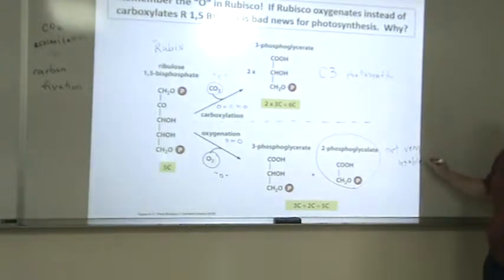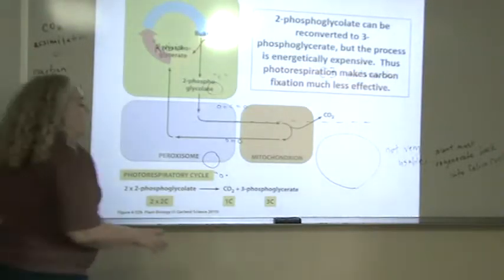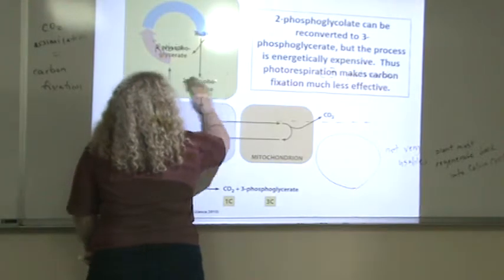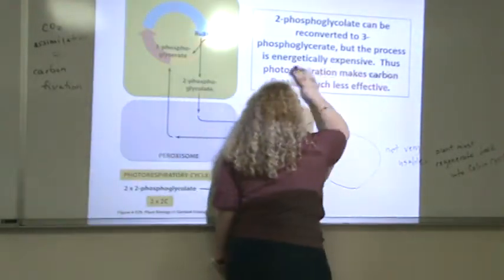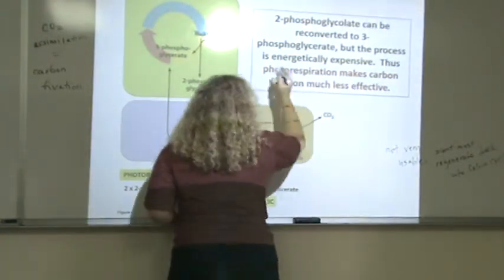And the reason that it's a problem is that the plant must regenerate that back into the Calvin cycle some way. That's what the next slide is going to be about. What happens to 2-phosphoglycolate in that situation? Okay, so here's 2-phosphoglycolate.